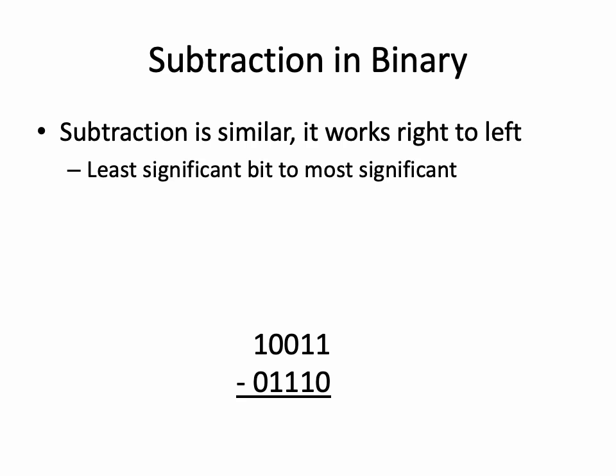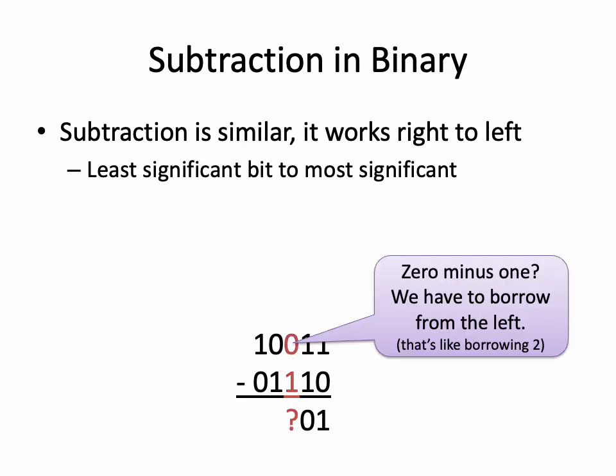Subtraction is similar. You can go right to left, from the least significant bit to the most significant. So 1 minus 0 is 1. 1 minus 1 is 0. Okay, 0 minus 1. That one is -1, but we don't have negative numbers.